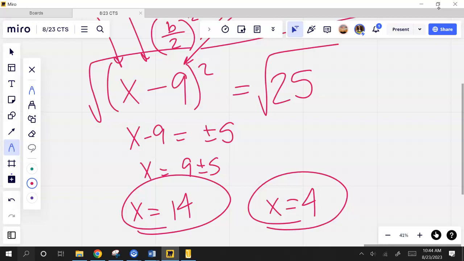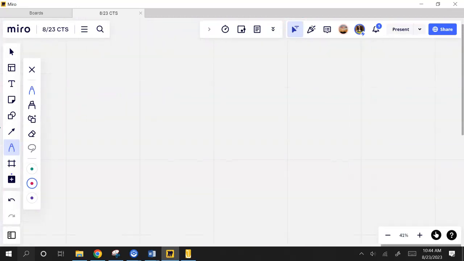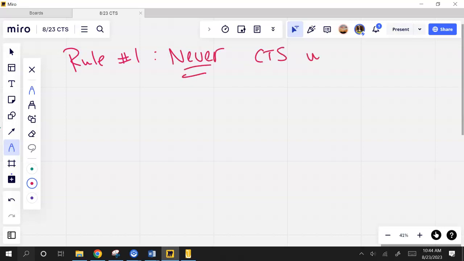All right, now that I've shown you the concept, let me give you a set of rules to do it by, and let me tell you what happens when certain scenarios occur, what we have to do, okay? Because they're not all this easy, unfortunately. But the concept's the same for all of them, all right? When you complete the square, rule number 1, never complete the square with a leading coefficient.